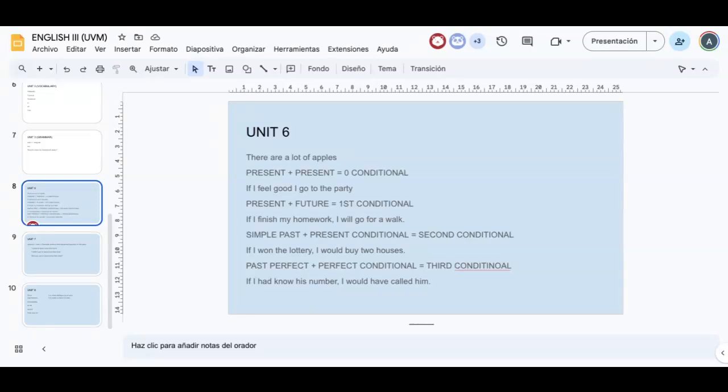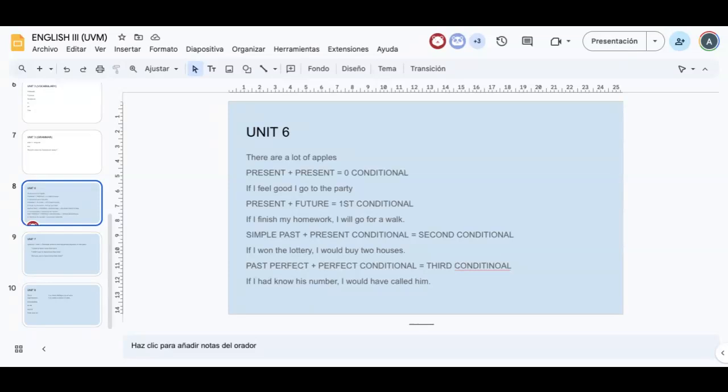So if I had known his number is a hypothetical event in the past, which is not possible anymore because past is the past. And then I would have called him is the hypothetical result if the hypothetical situation happened in the past.